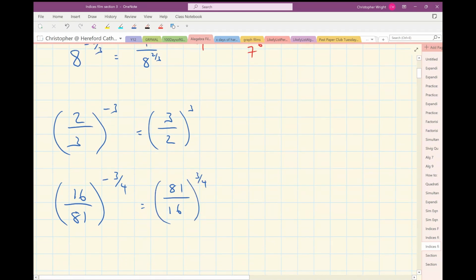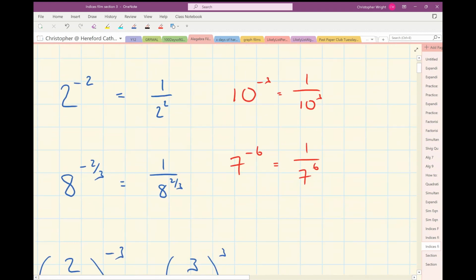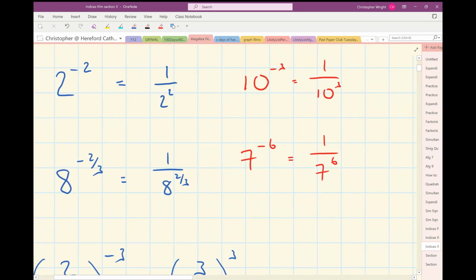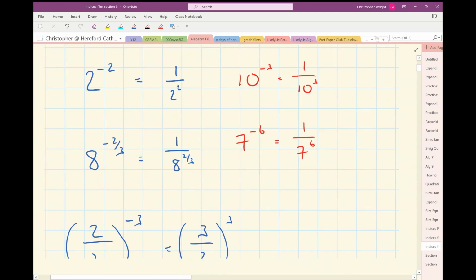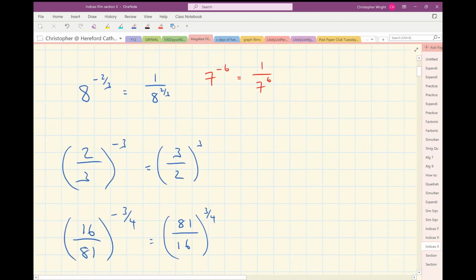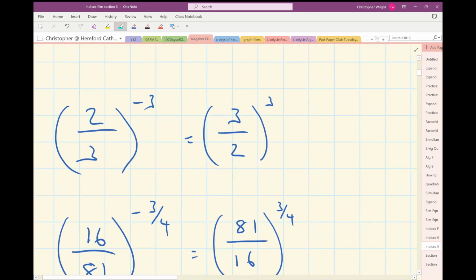So to deal with the negative power here, instead of 2, we've got 1 over. So 2 to the power of minus 2 is 1 over 2 squared. And to deal with the negative power when we've got fractions, such as the 2/3, we've got the reciprocal of 2/3, and that's got rid of the negative power.